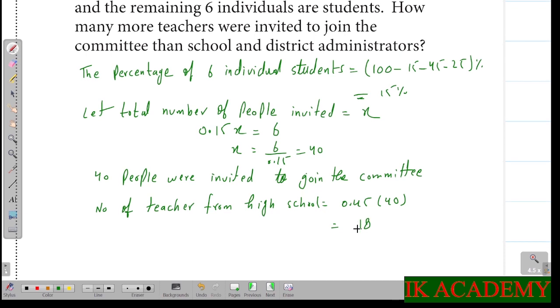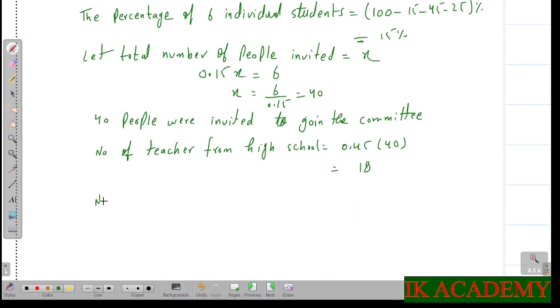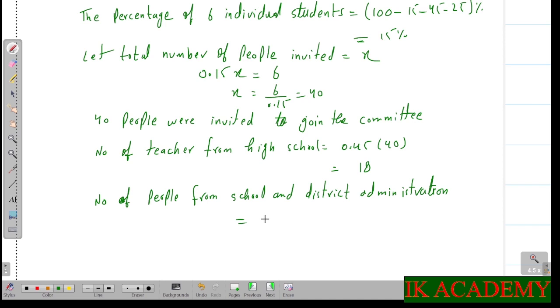So 18 teachers were invited, and the number of people from school and district administration, they were 25% of the total number of people. So we can write 0.25 multiplied by the total number of people, which will be equal to 10.